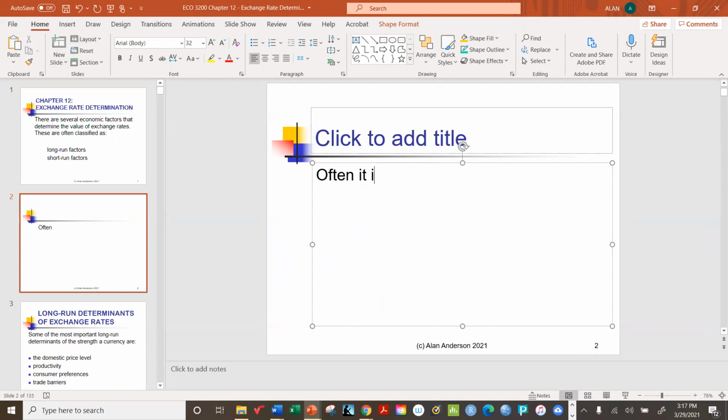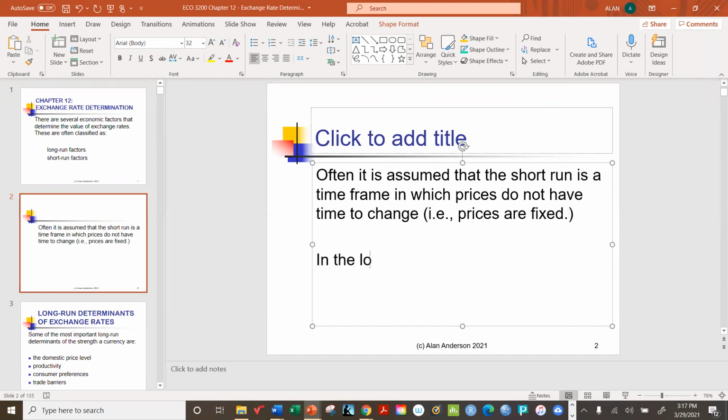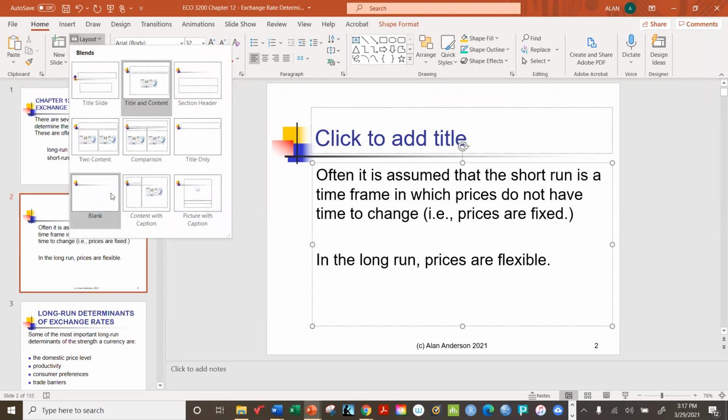Often, it is assumed that the short run is a time frame in which prices do not have time to change. Okay, in other words, prices are fixed. And then in the long run, prices are flexible. Okay, so that's one way we can think about short term and long term in economics.